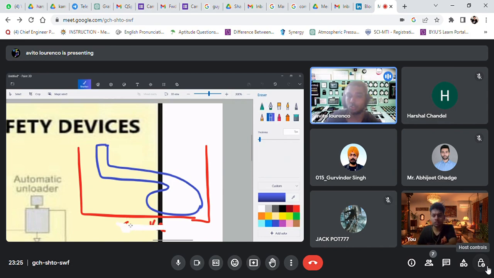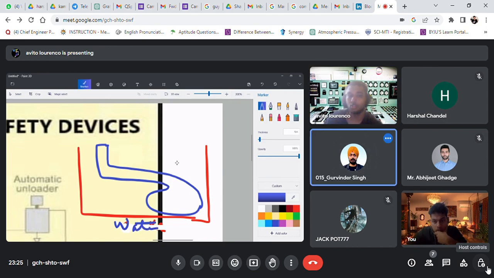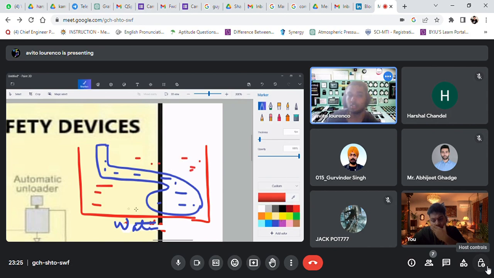In the water tube boiler, we have water kept inside the main pipe, and we have the steam drum, flame, and combustion here. So again, it has to be somewhere on this interface.